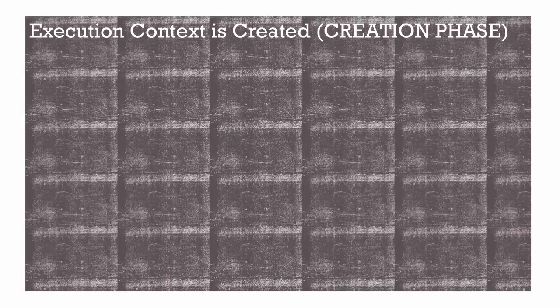Just as a reminder, when a function is invoked, a new execution context is created. Remember not to confuse this with the object that we've been discussing. The object sitting in memory that is a function has properties and methods. It has a name property and a code property where the code lives.